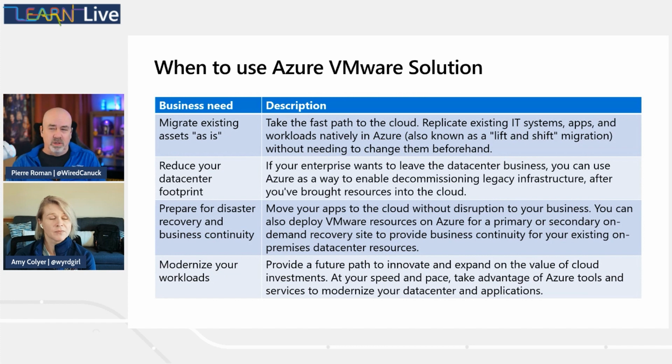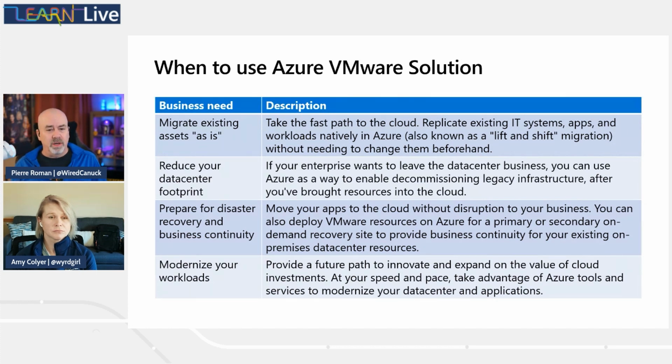And modernize your workload. This is step one, because you're moving workloads from on-prem to Azure VMware Solution, but they're still VMs running in Azure on top of VMware. Because you have access to all of the Azure services we mentioned, Azure Monitor, Azure Storage, all of the AI and other services, you can start modernizing your application.